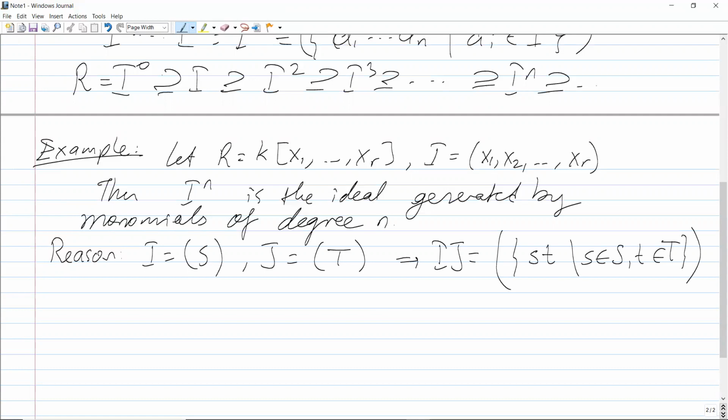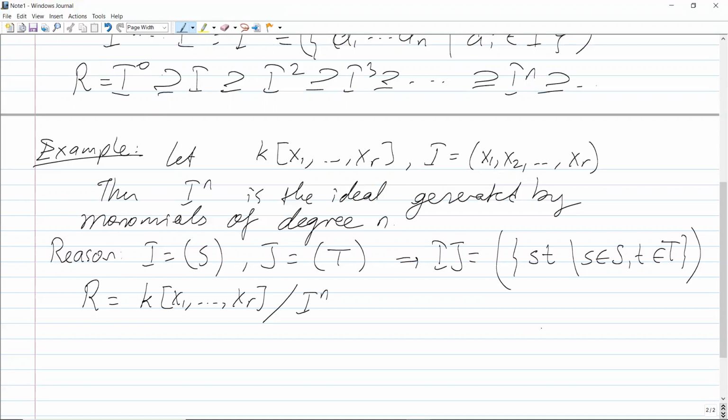Okay, oops, not this. This is not R. R will be something else. Let's take R to be the polynomial ring K[x_1, ..., x_r] divided by I^n.